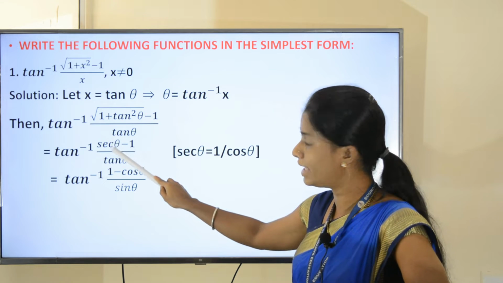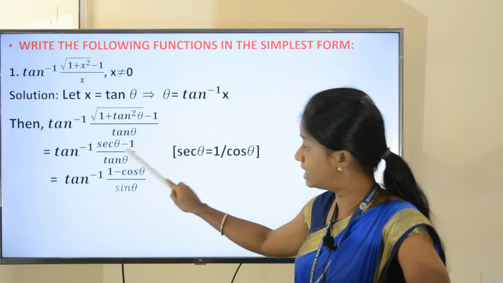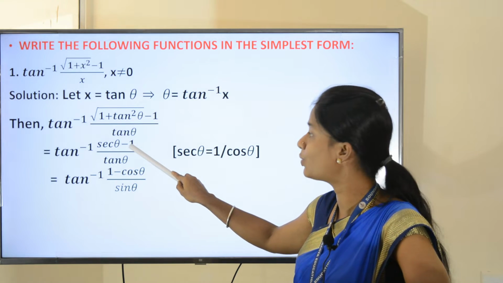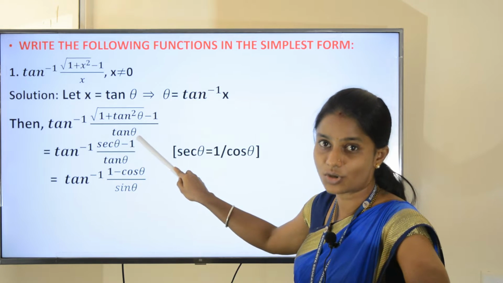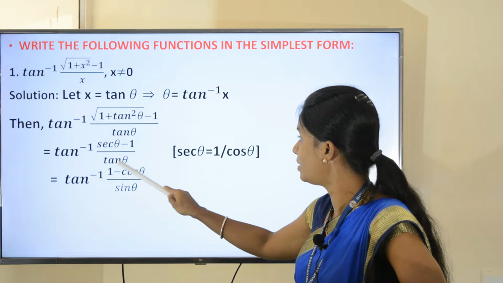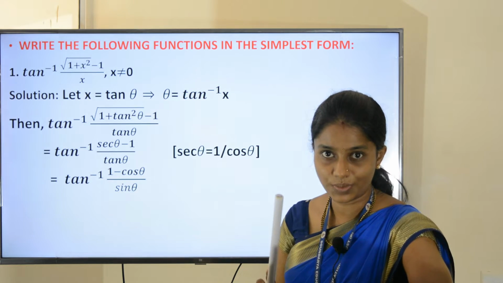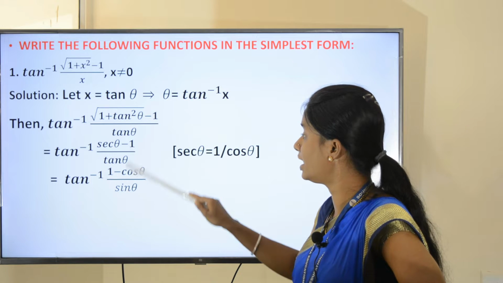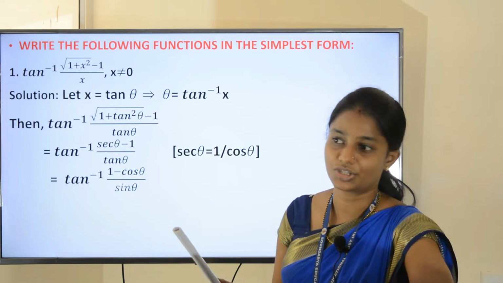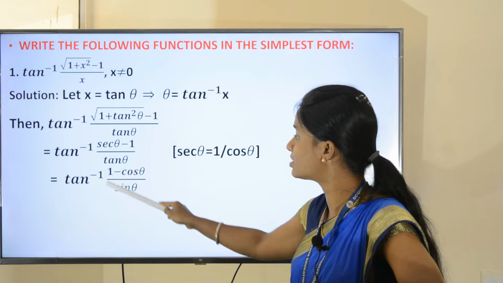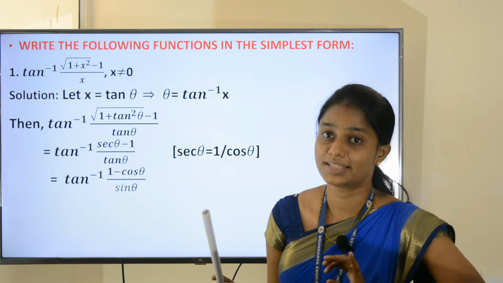Please take an LCM in the numerator. So what will happen? 1 minus cos theta divided by cos theta, and divided by tan theta, which can be replaced with sin theta by cos theta, so that the cos theta in the numerator and cos theta in the denominator will get cancelled. Remaining is 1 minus cos theta divided by sin theta.